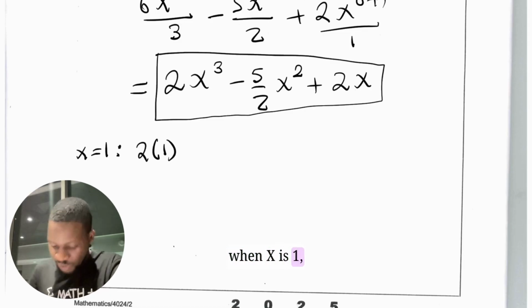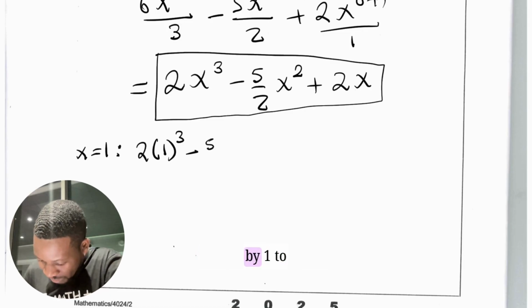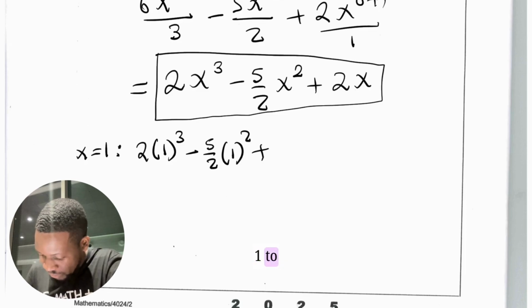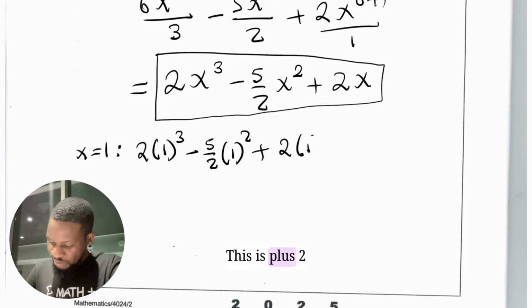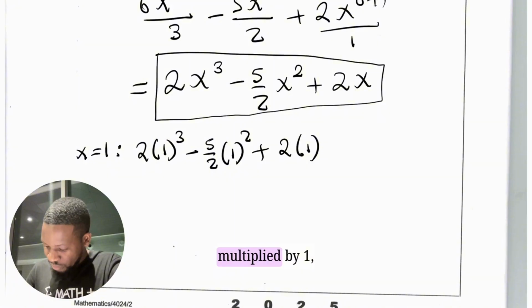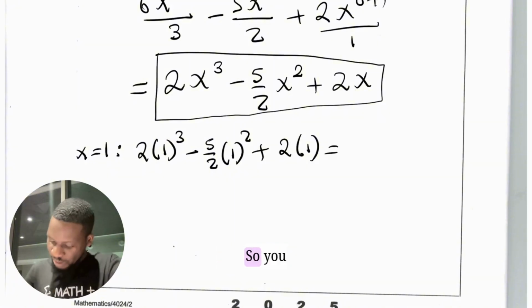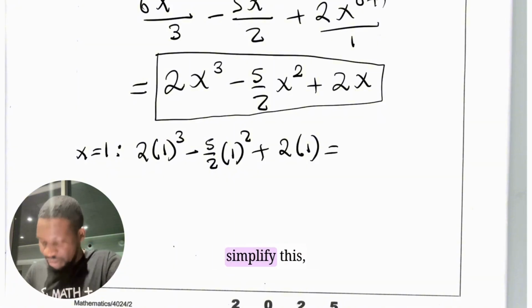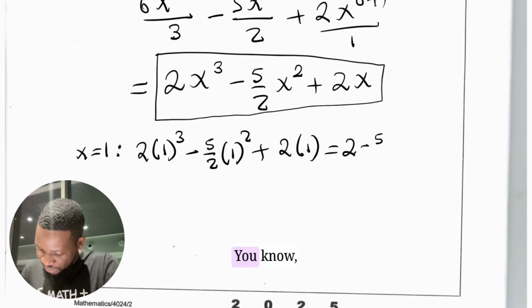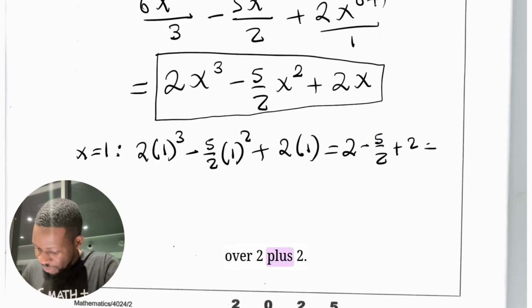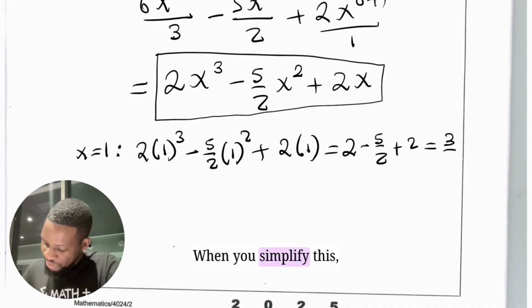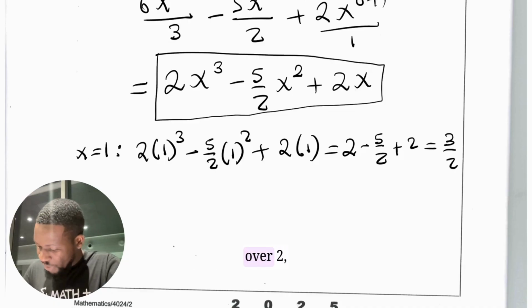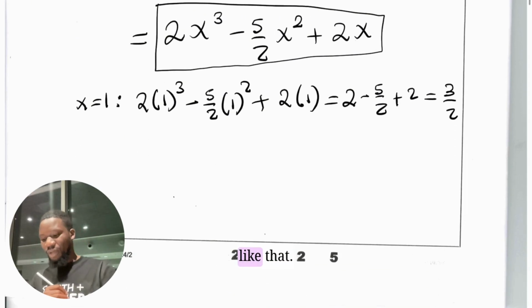So when x is 1, you have 2 multiplied by 1 to the power 3 minus 5 over 2, 1 to the power 2. This is plus 2 multiplied by 1. Okay? So you can go ahead and simplify this, which is just 2 minus 5 over 2 plus 2. When you simplify this, you should get 3 over 2, like that.